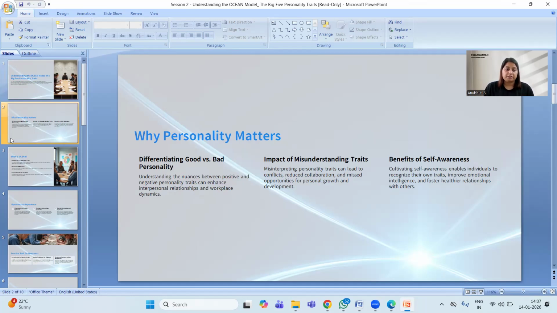Whenever we talk about personality, we define it as good personality or bad personality. Basically, it is to understand the positive and negative nuances of any personality trait that can enhance interpersonal relationships or workplace dynamics. Sometimes something which is good as our personality would not be helpful in the workplace.